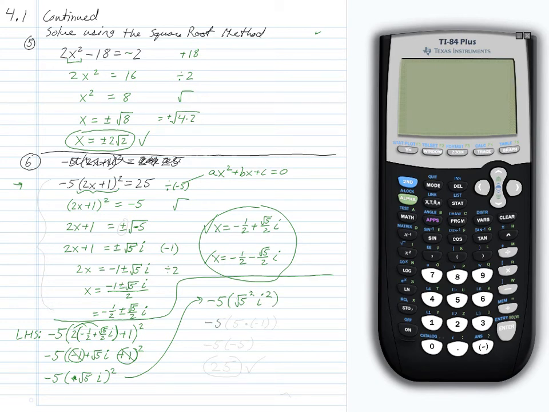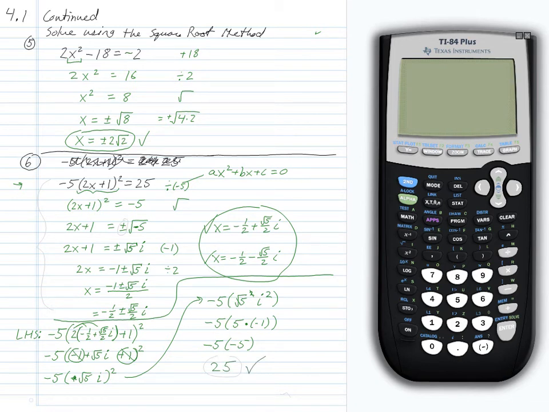Now that would give me -5 times... if I square the square root, we just end up with 5. And i squared, by definition, is equal to -1. So what do I really have inside? This is -5 times -5. And we know the product of -5 and -5 is 25.